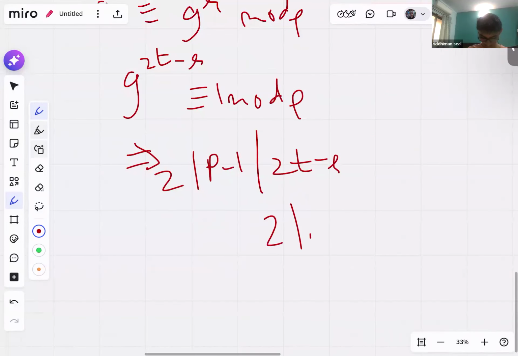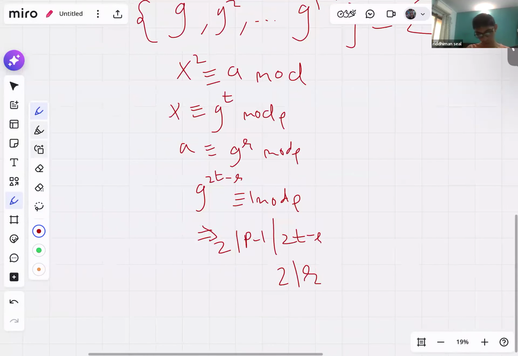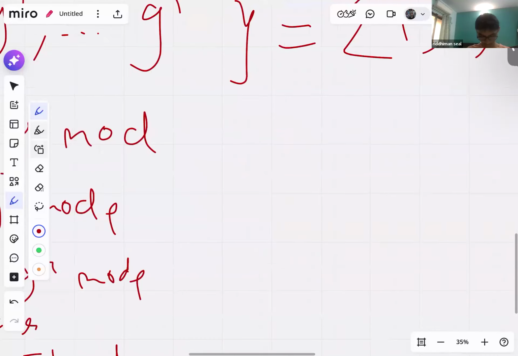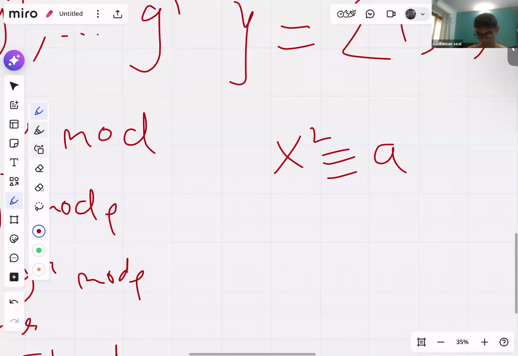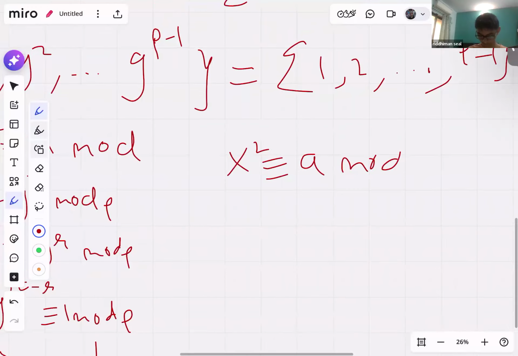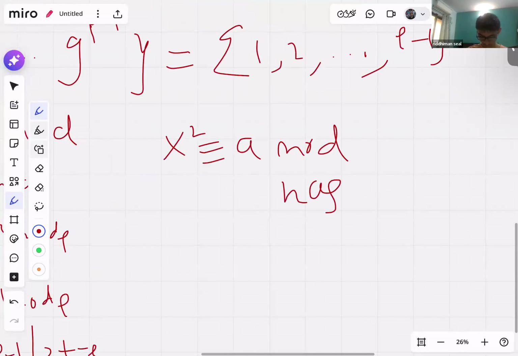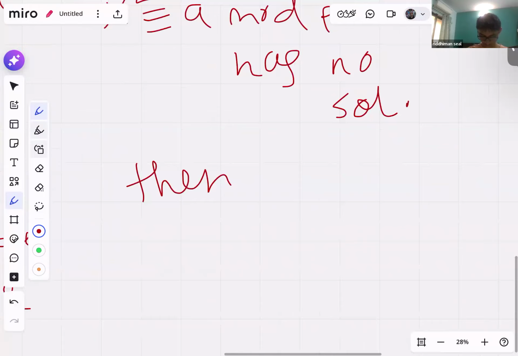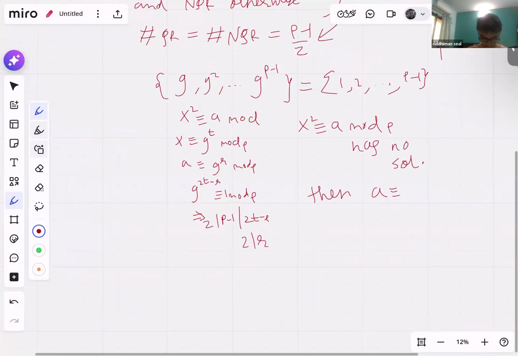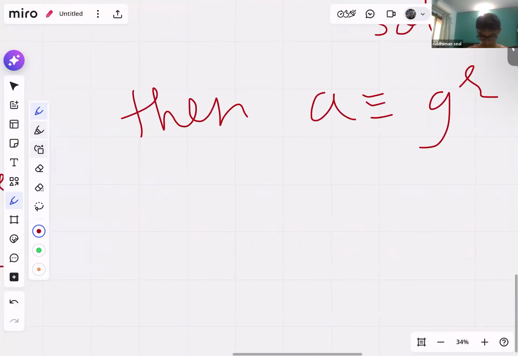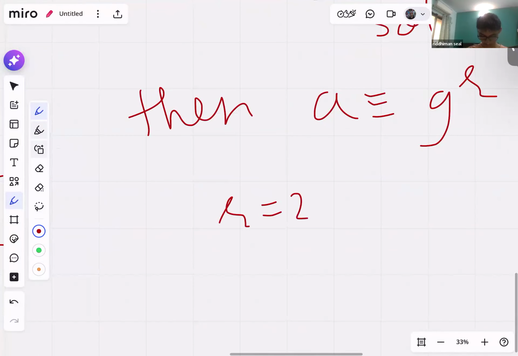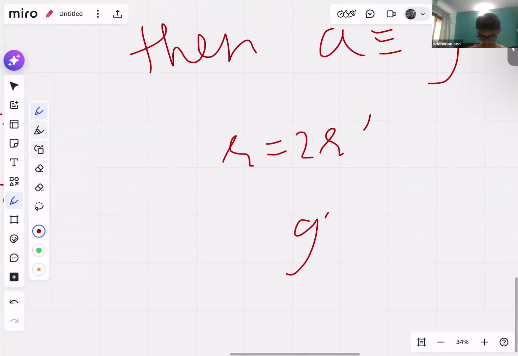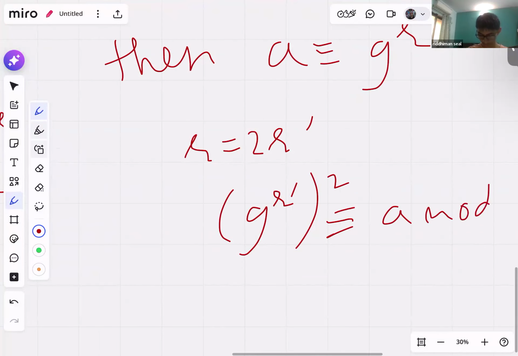So this implies that 2 divides r, right? And vice versa. So if x squared congruent to a mod p has no solution, then if we let a be g to the power r, and r is even, if r is equal to 2r dash, then we know that g to the power r dash squared is just a mod p, which is contradictory, right?